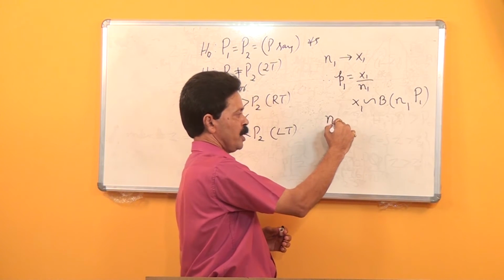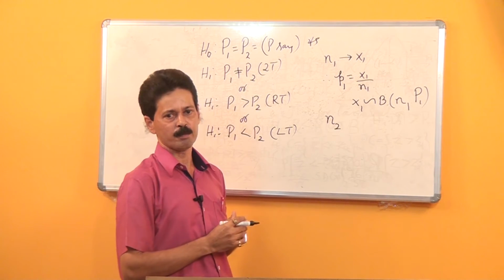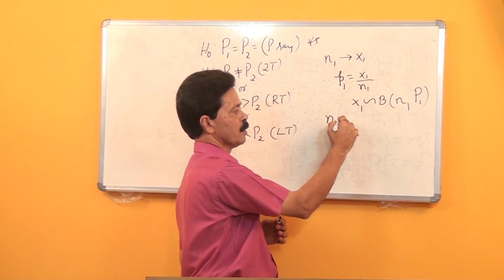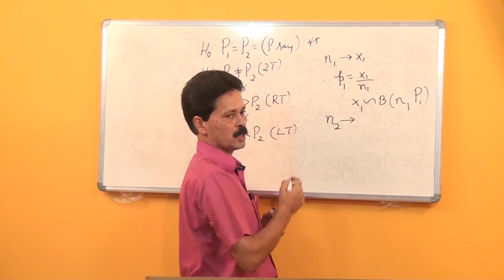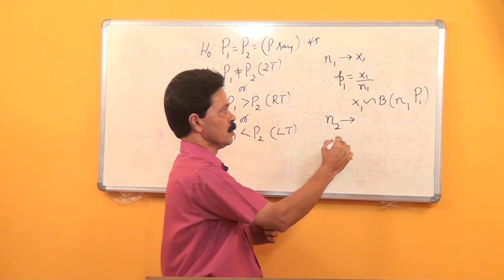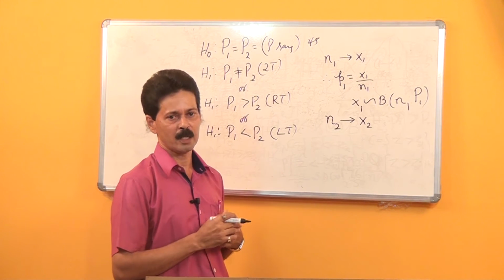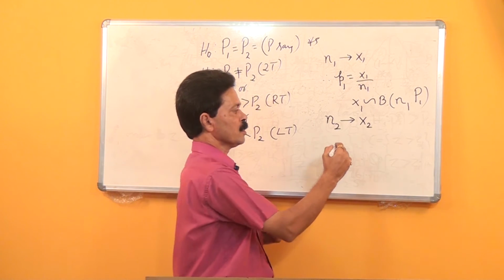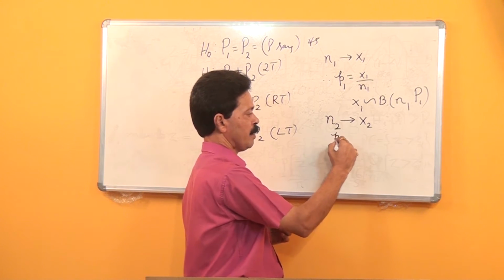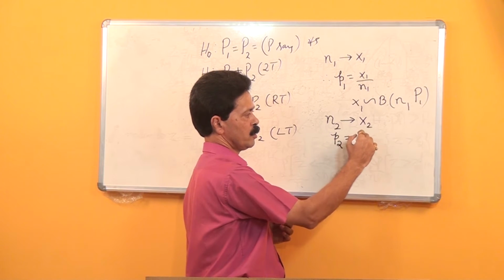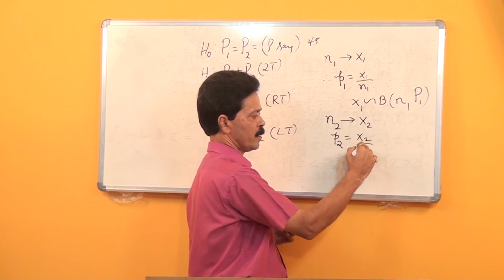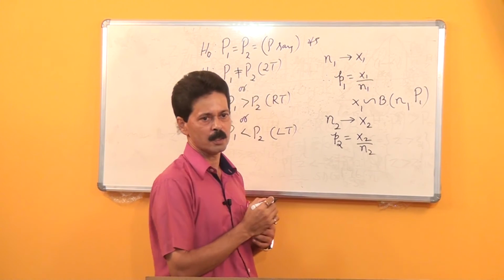From the second population, draw a random sample of size N2. Among those N2 samples, some X2 individuals possess the particular characteristic. Therefore, the second sample proportion p2 equals X2 divided by N2.